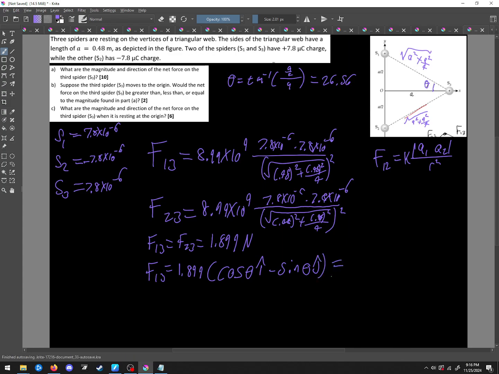And then we are going to say the same thing, that F23 equals 1.899, cosine theta i hat plus sine theta j hat. Or no, actually this would be double positive, this would be double negative.